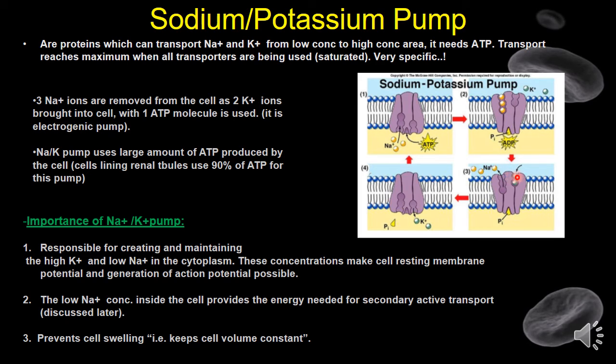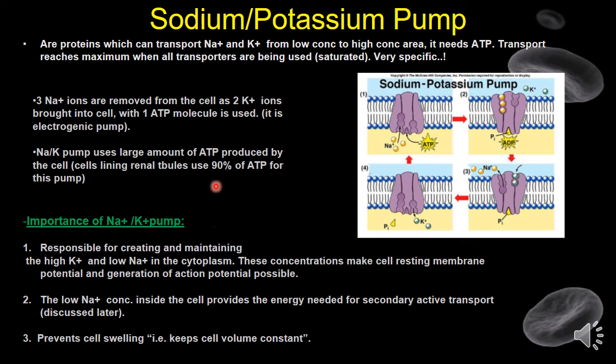At the same time, 2 potassium ions are attached to this carrier, and these 2 potassium ions will be pumped to inside where a lot of potassium is. So potassium is pumped against concentration gradient from low potassium to a high potassium area.